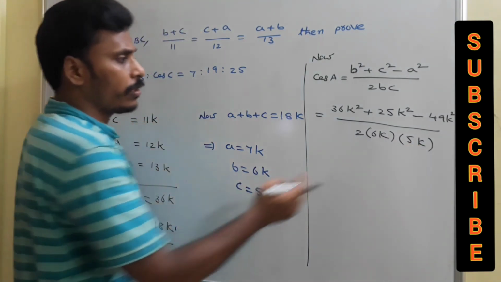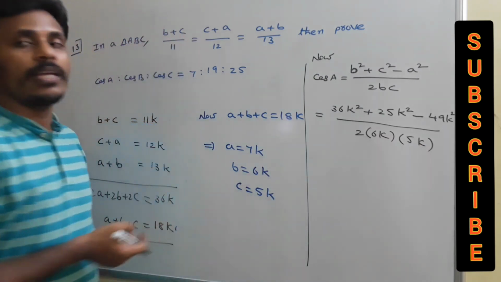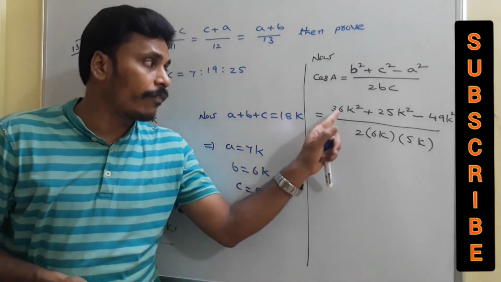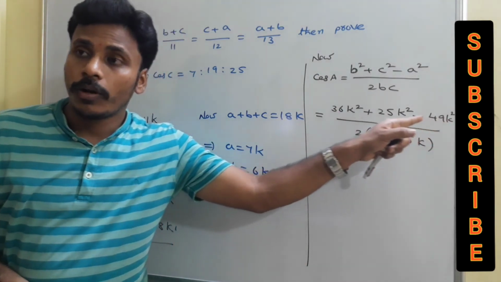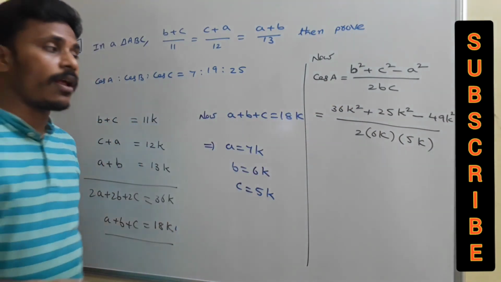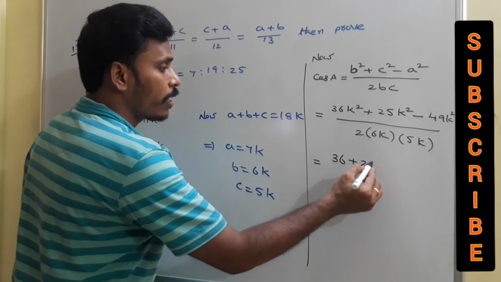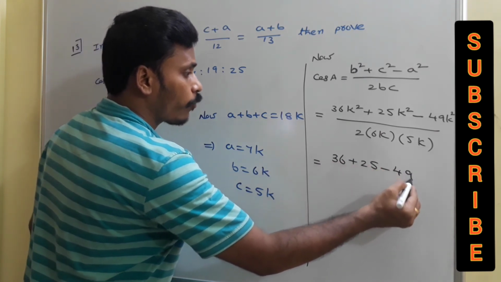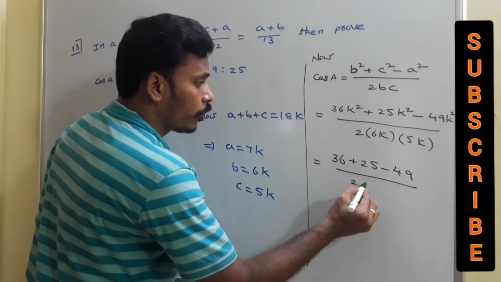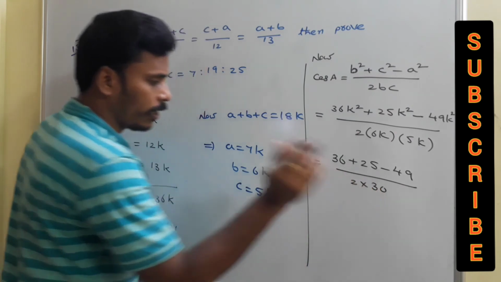In the denominator k into k is k square, and in the numerator every term has k square, so we take k square common from numerator as well as denominator and it gets cancelled. You are left with 36 plus 25 minus 49 divided by 2 into 6 into 5, which is 30.